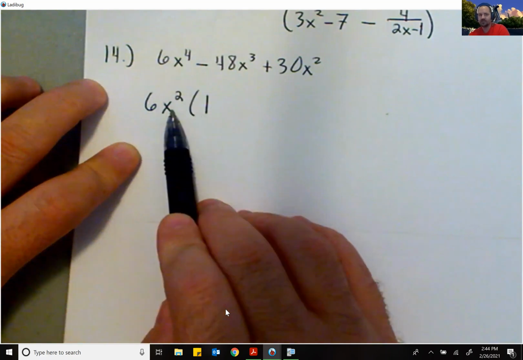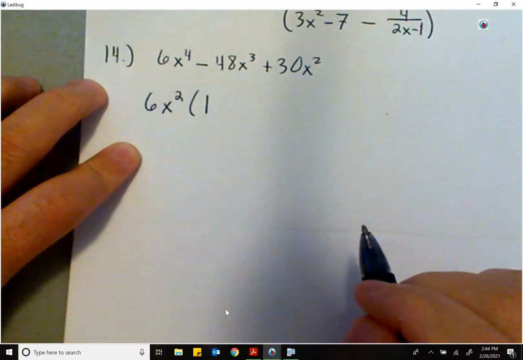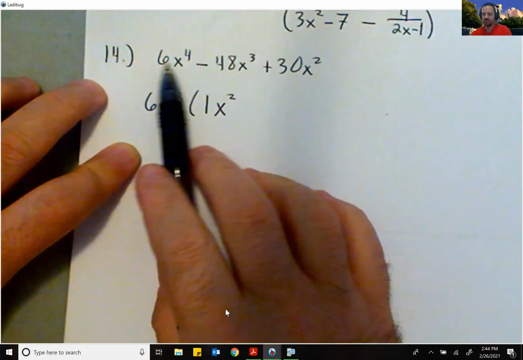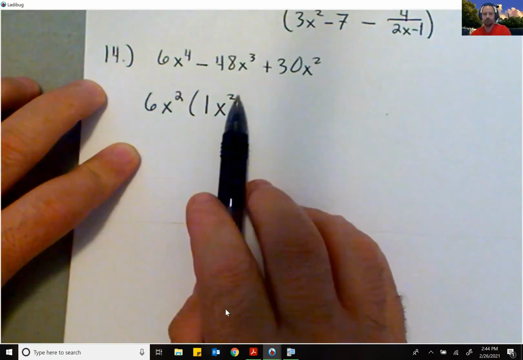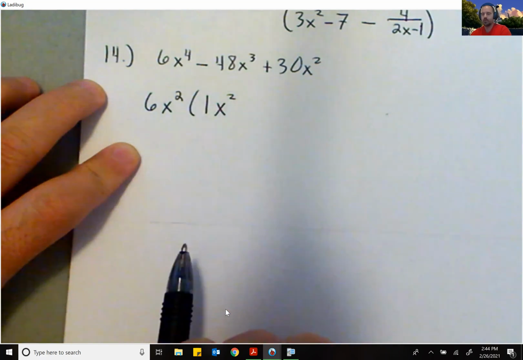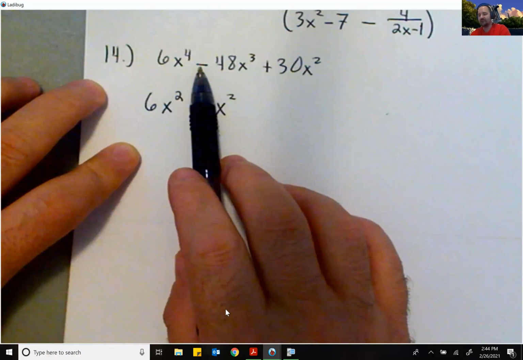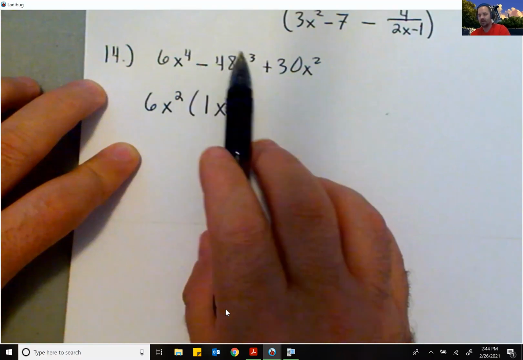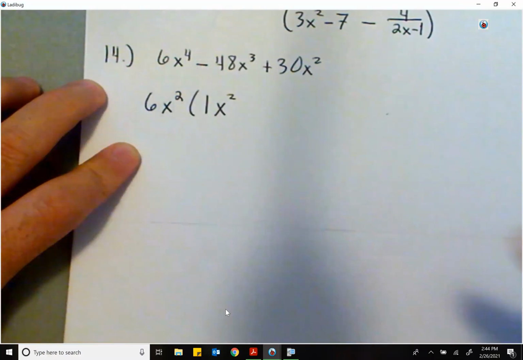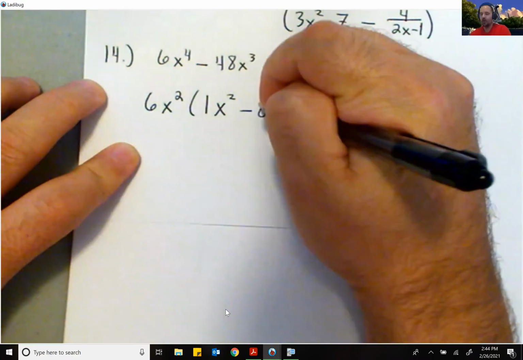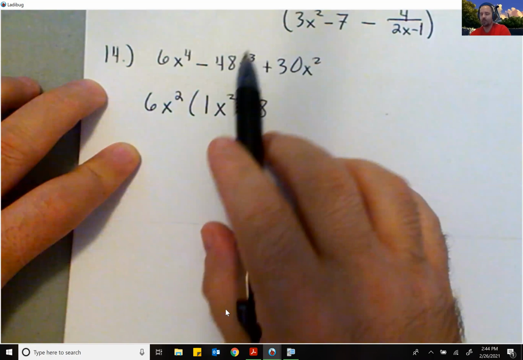How many are left? 2. So my first term, when I pull the GCF out of this, is 1x squared. So I move to my next one. What is negative 48 divided by 6? Negative 8. There are 3 X's. I'm pulling out 2.